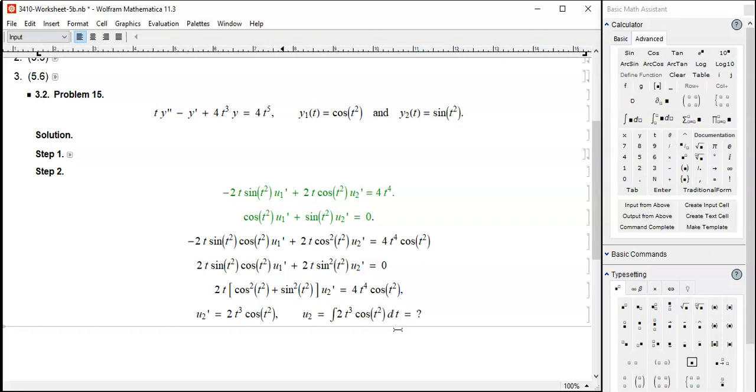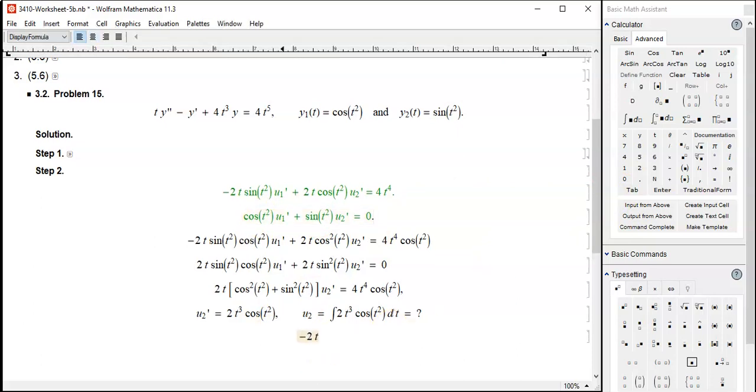How about u1? Well, it's going to be similar. From here and there, if you just remove this part, then you're going to get what you want. So multiply both by sine t squared here, and here 2t cosine of t squared.